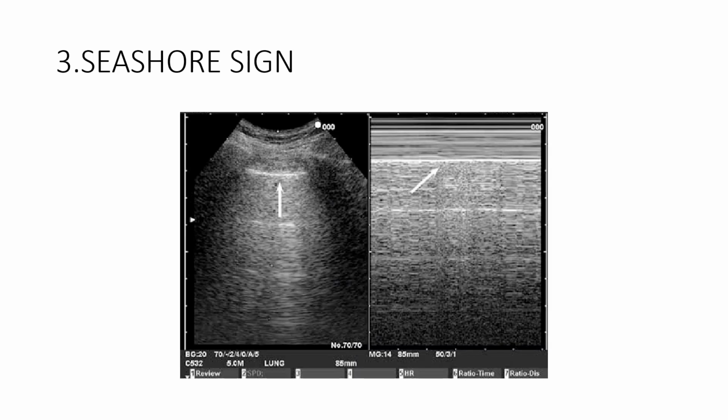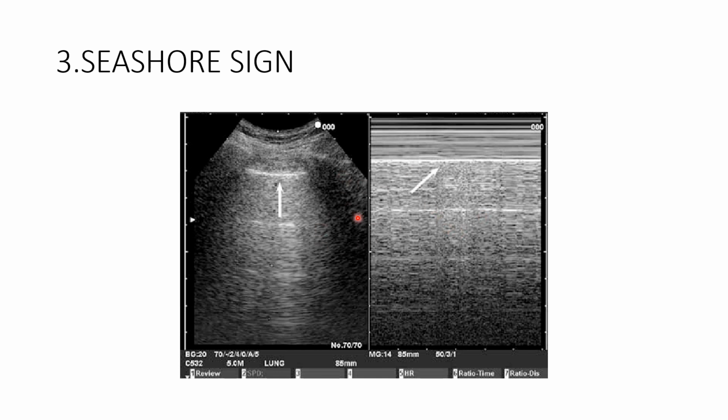Then the seashore sign. This is the normal sliding lung sign. This sliding lung sign appears on M mode as the seashore sign, where there is a pleural line, and above the pleural line there is a motionless horizontal part which appears as waves, and below the pleural line there is a moving part which appears as a granular or sandy pattern.